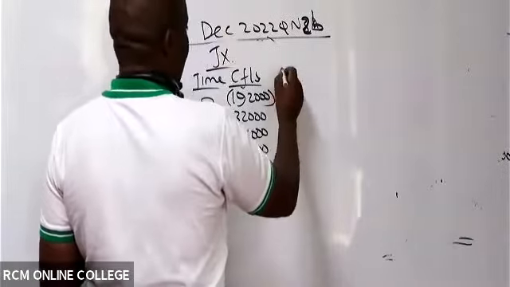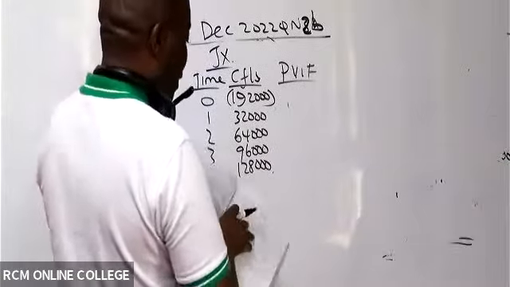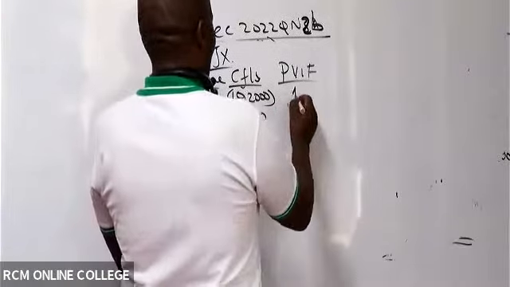Fortunately, we have the present value interest factors, the discounting factors. We copy them the way they are, not forgetting that the PV for time 0 is always 1.